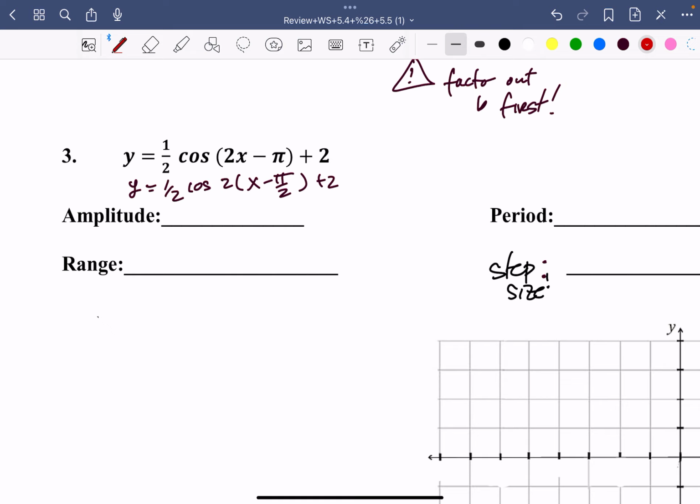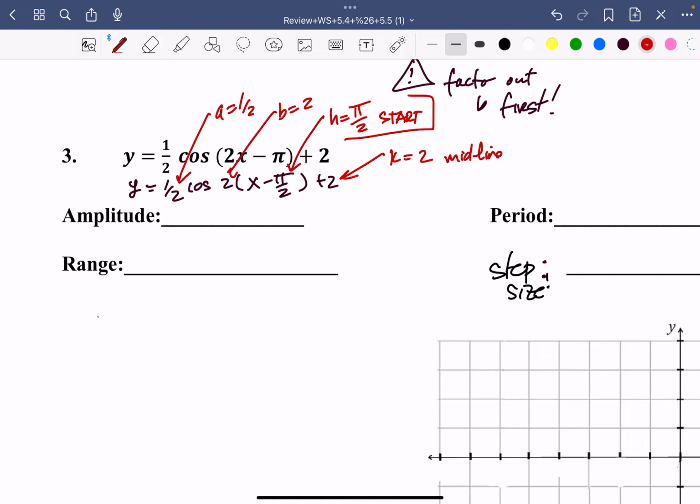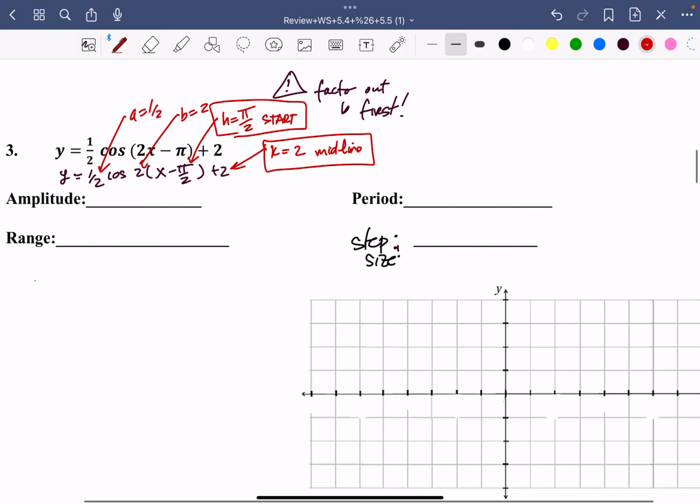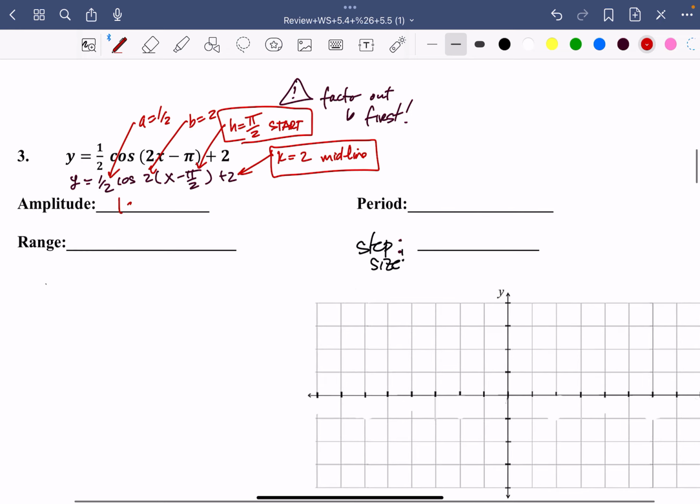So it should be pretty clear now that our a is 1/2, our b is equal to 2, our h is equal to positive pi over 2, and our k is equal to 2. Our 2 is our midline, and our new starting value, left to right, is positive pi over 2. The amplitude is absolute a, so it's absolute 1/2, which is a half.